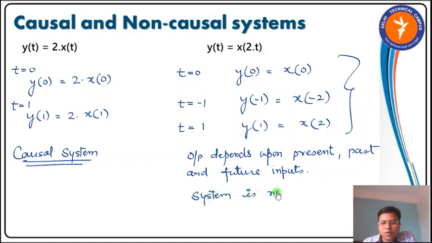If we closely notice these two, there is no time shifting in this input, whereas there is a time shifting in it. So whenever there is a time shifting or time scaling in the input, the system will become non-causal. And if there is no time scaling or time shifting, then the system will be a causal system. Let us discuss more examples.